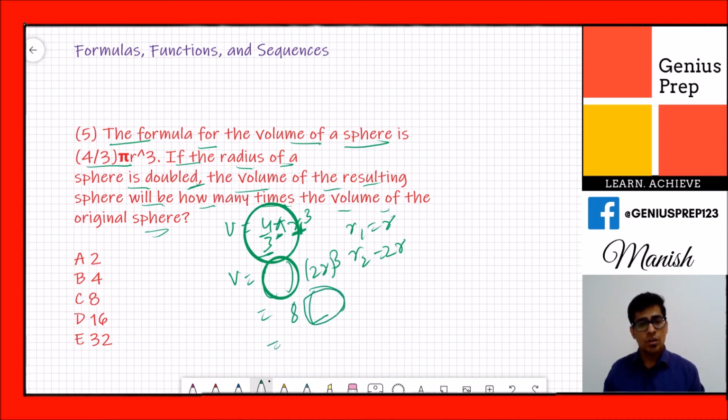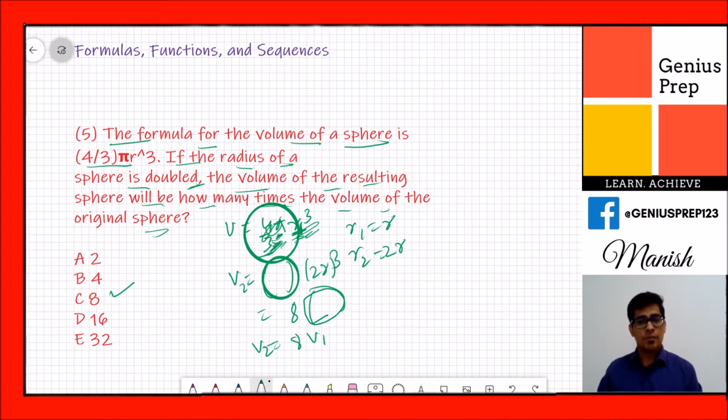So the new volume will be 8 times v1. So this will be 8. I hope you understand. I am not focusing more on the constant because it will not make any difference, because we are changing only the variable. So this kind of question you will see in the exams.